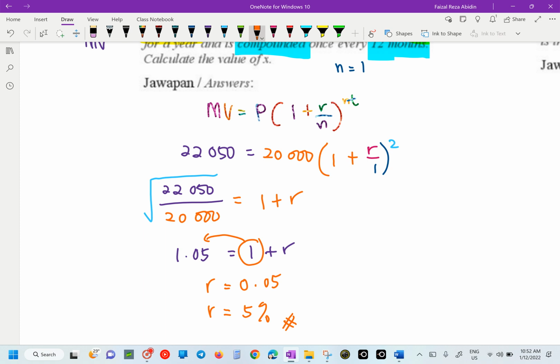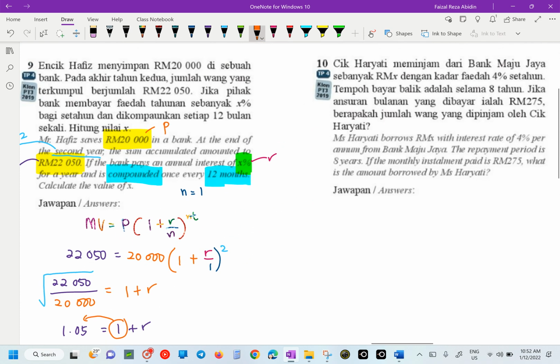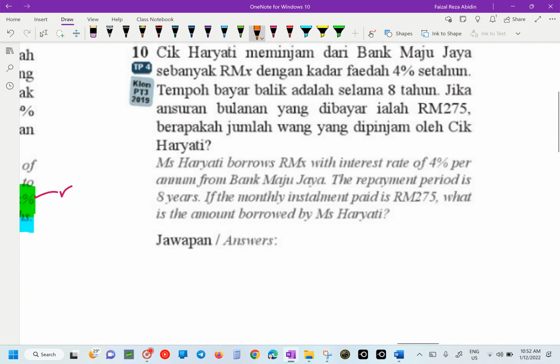Can I proceed? Okay. For number 10 over here, Miss Haryati borrows RM X. Of course, we are going to find X here. With an interest rate of 4% per annum from Bank Maju Jaya. The repayment period is 8 years. Okay, we already have our 8 years over here.